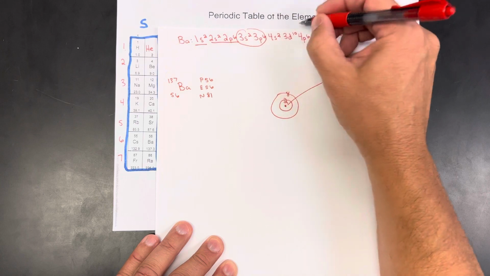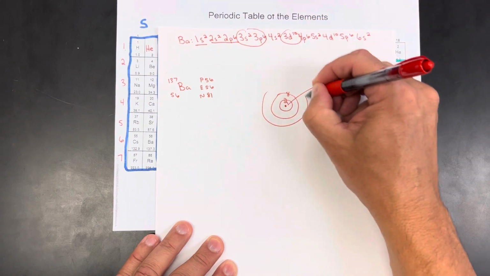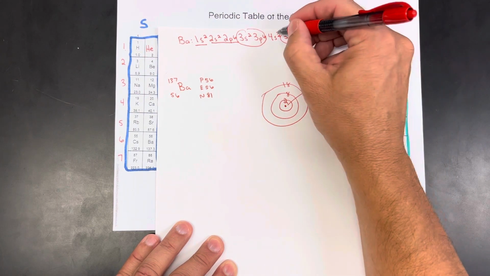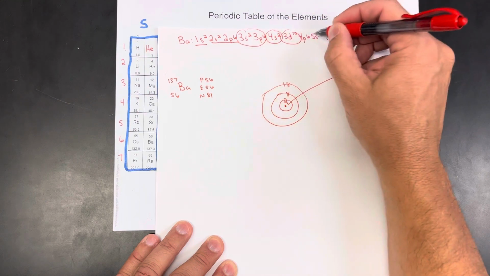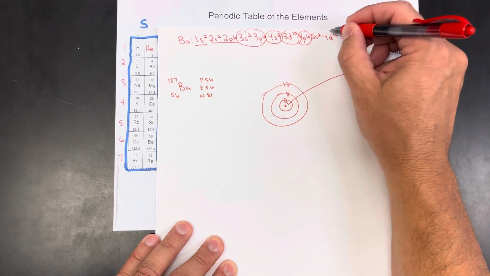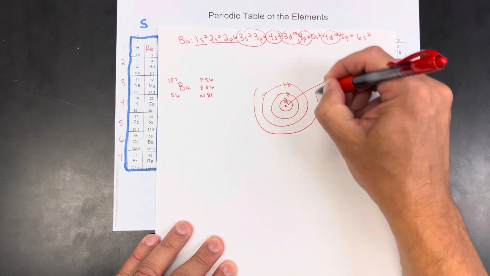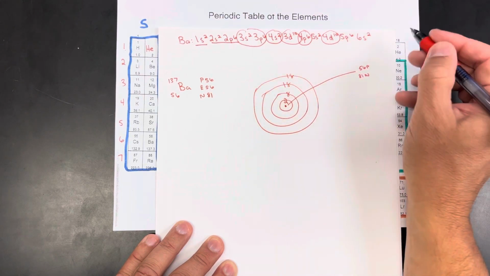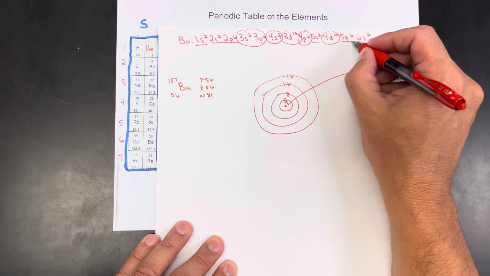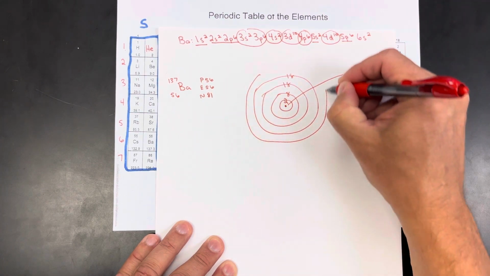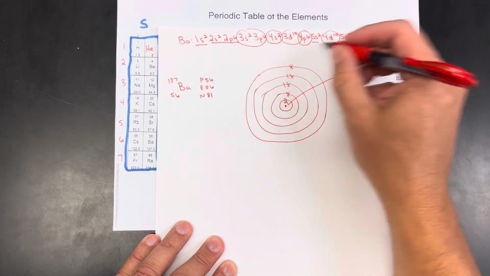We got the third ring that has 18 electrons. We got the fourth ring, which has the 4s, the 4p, and the 4d, which also has 18 electrons. The 5s and the 5p is going to be 8 electrons.